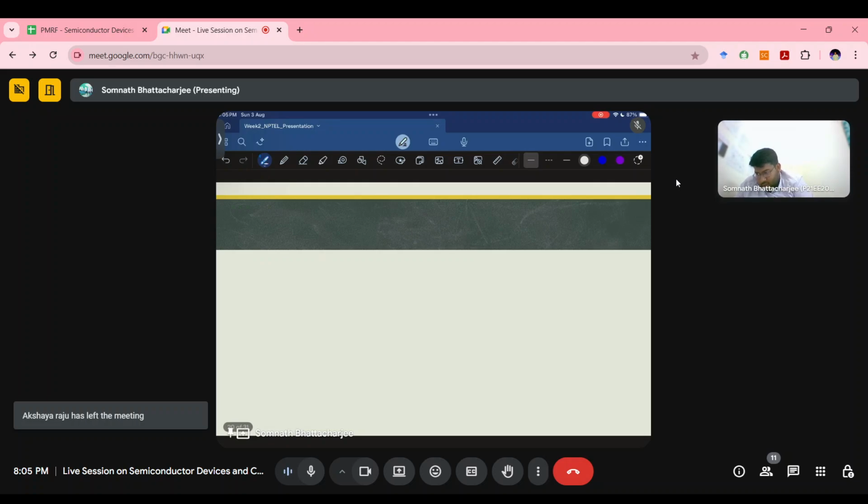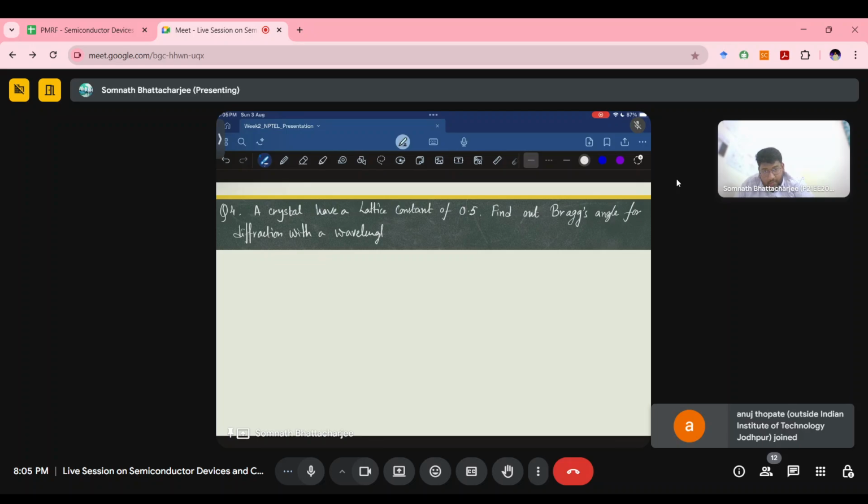So we'll move on to the next question. The next question is that a crystal has a lattice constant of 0.5.